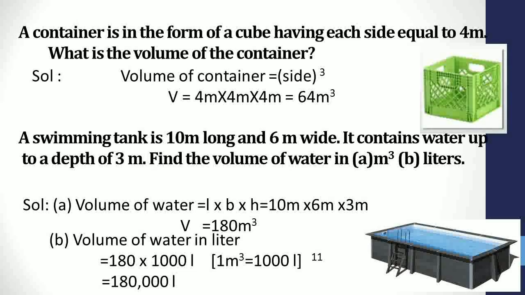So 1 meter cube is equal to 1000 liter. In that way we can find the volume of water in liters, and the value will be 180,000, or we can say 1,80,000 liter. Clear? So in that way we have to find the volume of the different objects. Clear?